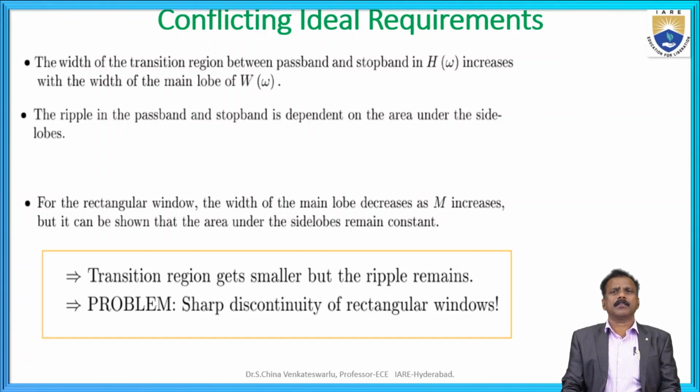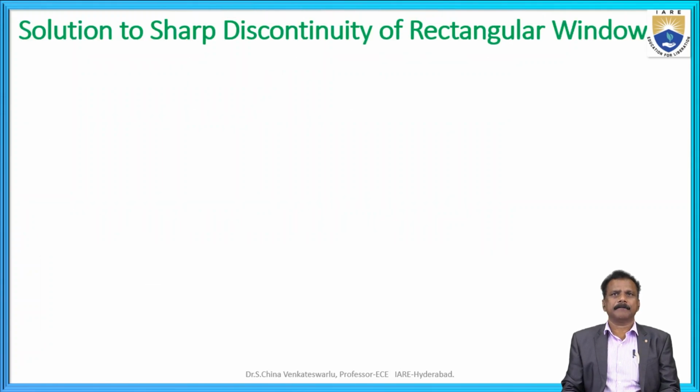For the rectangular window, the main lobe width decreases as m increases, but the area under the side lobes remains constant. The transition region gets smaller, but the ripple remains. The problem is the sharp discontinuity of the rectangular window. Thus, observing this problem, we go for further windowing techniques.